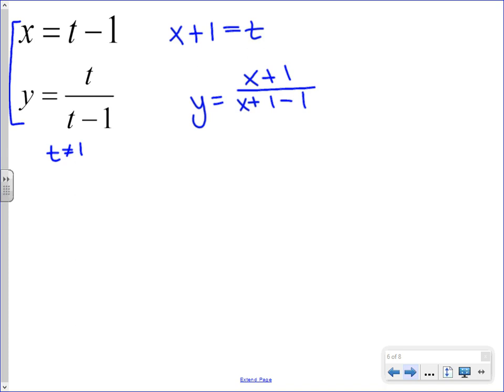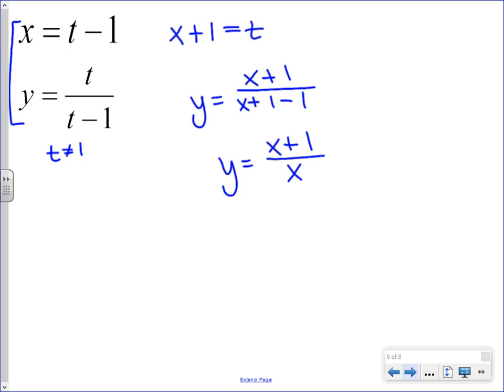Now here, when we reduce our equation, we have x plus 1 all over x. Now let's think about this domain.